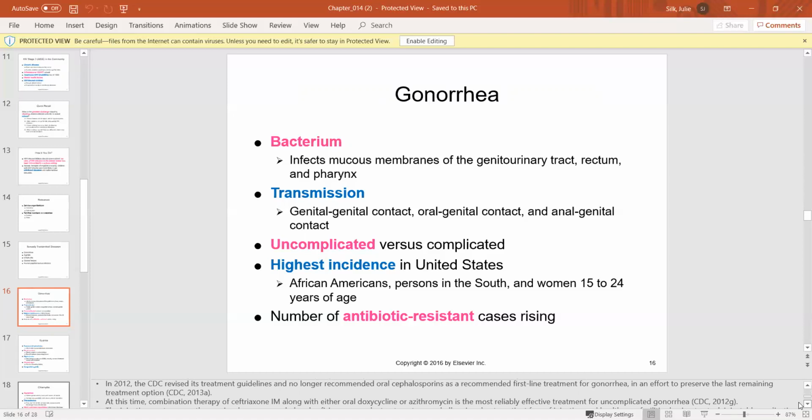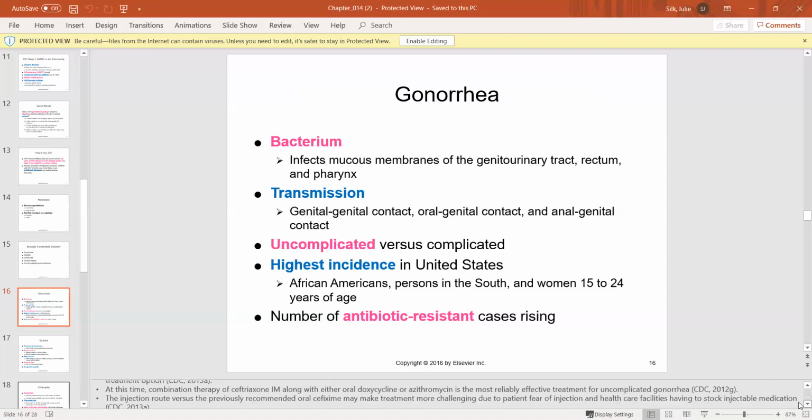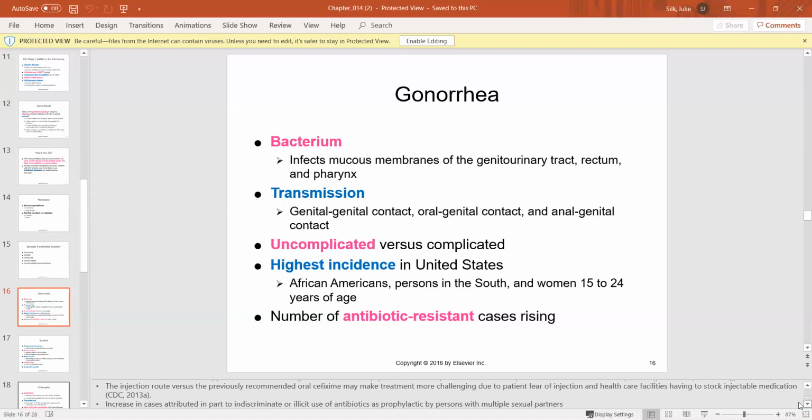At this time, combination therapy of ceftriaxone IM, along with either oral doxycycline or azithromycin, is the most reliably effective treatment for complicated gonorrhea. The injection route versus the previously recommended oral may make treatment more challenging due to patient fear of injection and healthcare facilities having to stock injectable medications.